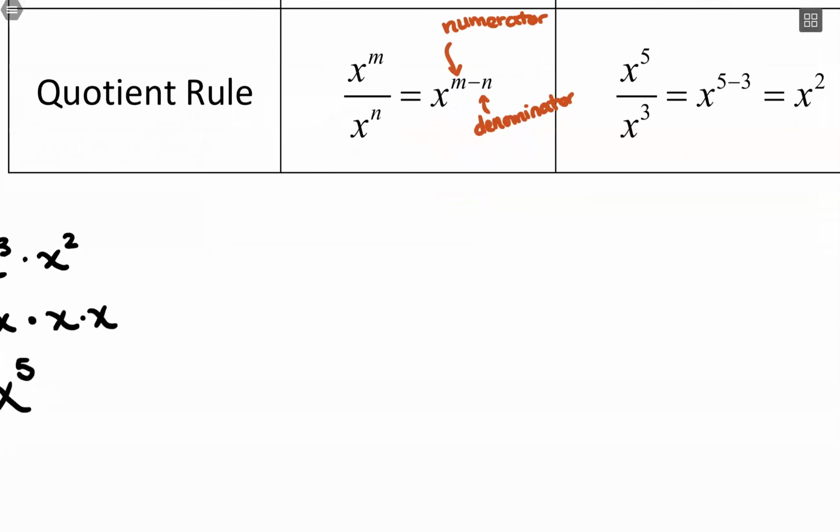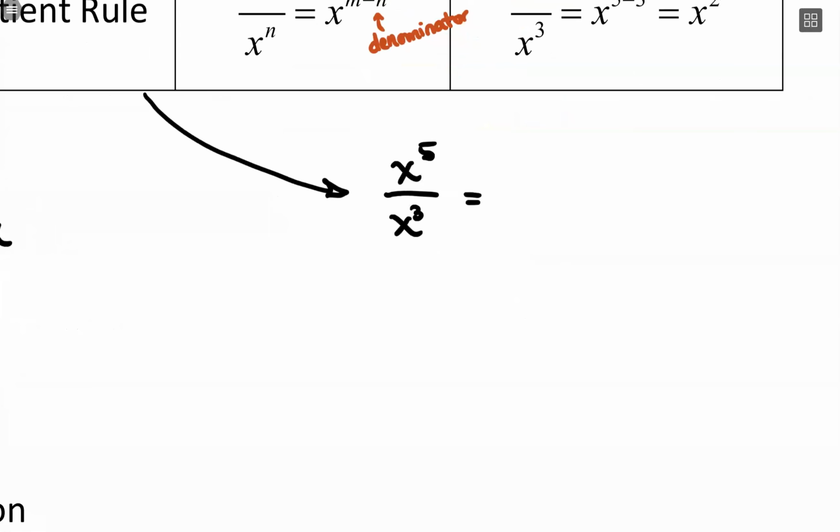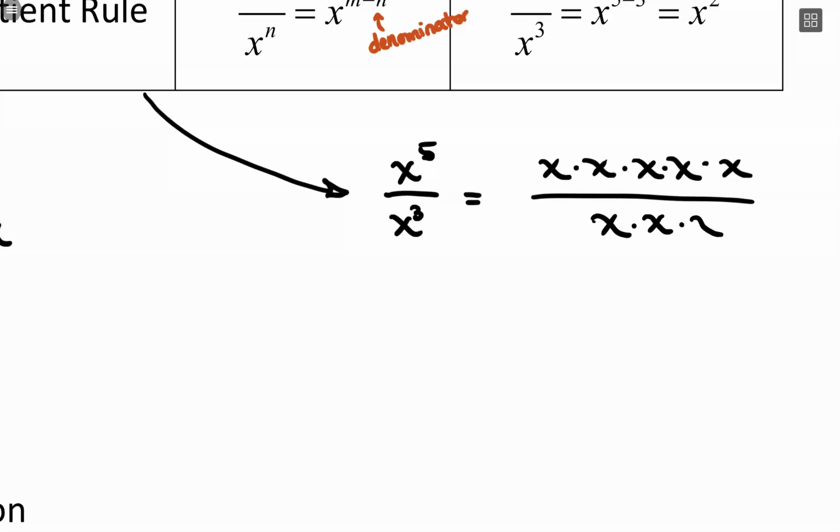So in a similar way, let's think about why this works. If we have x to the 5th over x cubed, if we wrote this out, what this would look like is we'd have 5 x's multiplying to itself in the numerator divided by 3 x's multiplying to itself in the denominator. And what happens is cancellation, because this is all multiplication and division.